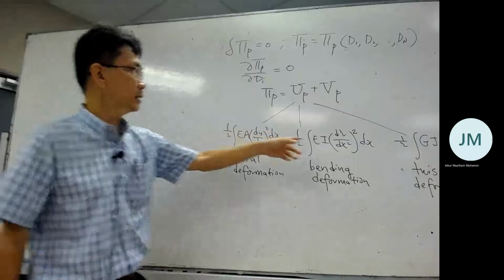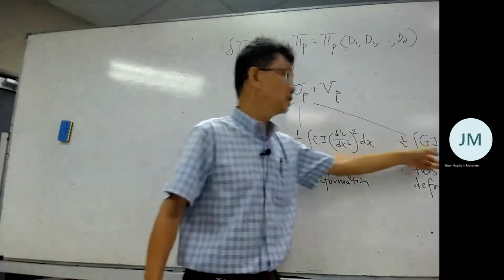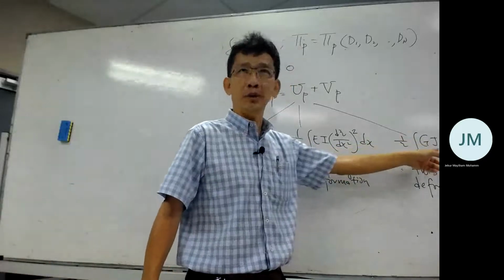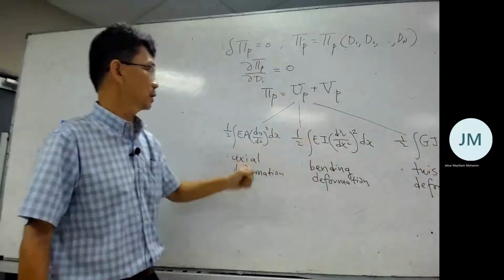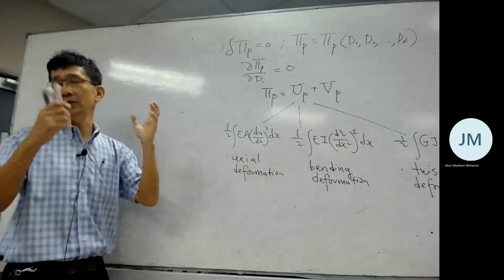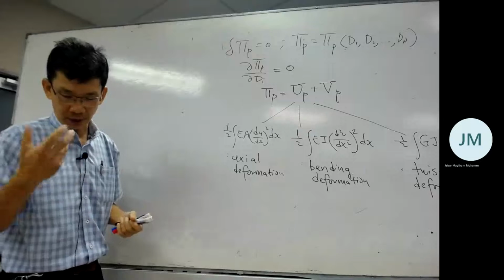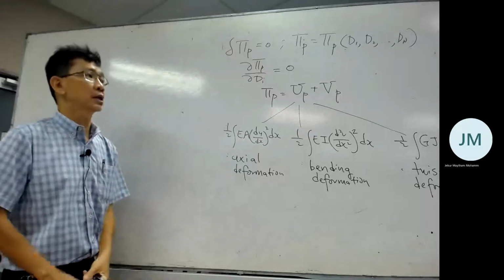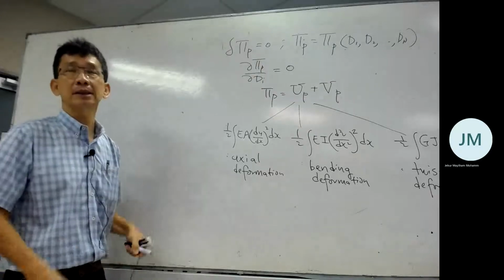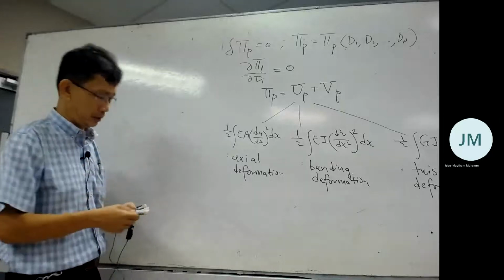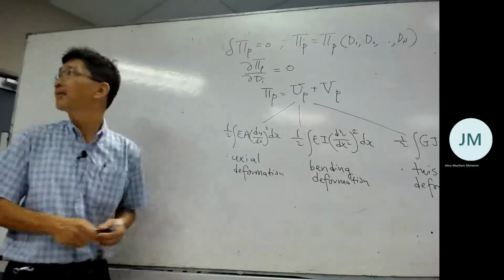And how to find I and how to find J. J is the polar moment of inertia, I is the moment of inertia. If you are given the cross-sectional shape, you have to know how to find I and how to find J. These are all the section properties.